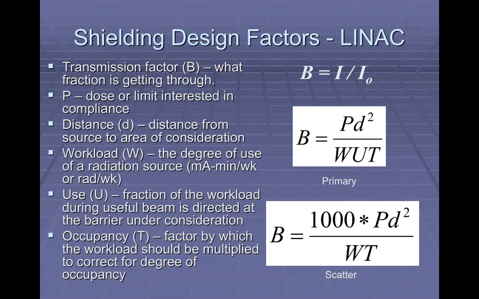You say, okay, there's going to be 30 patients treated per week. They each get a dose of this, and then you just tally up all the patients, and you get some milliamp minutes per week or rad per week. Generally, it's per week. You could also have per year. You just have to be careful to know your units for the workload. But that's really the radiation that this machine is putting out at the isocenter.